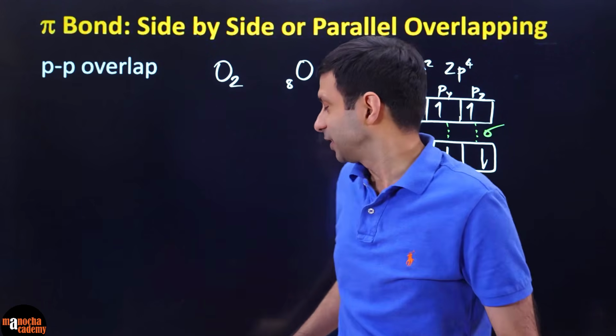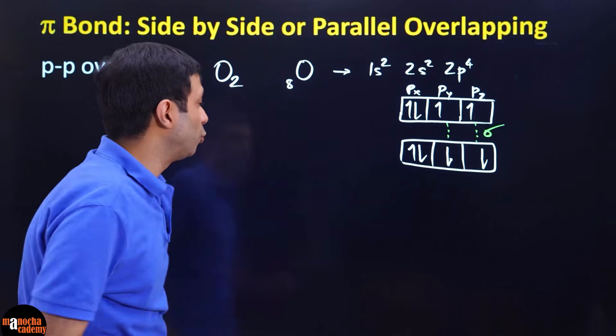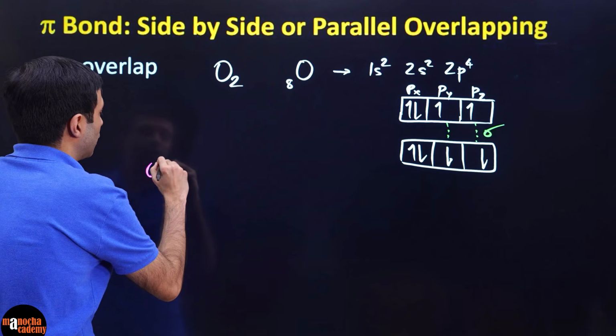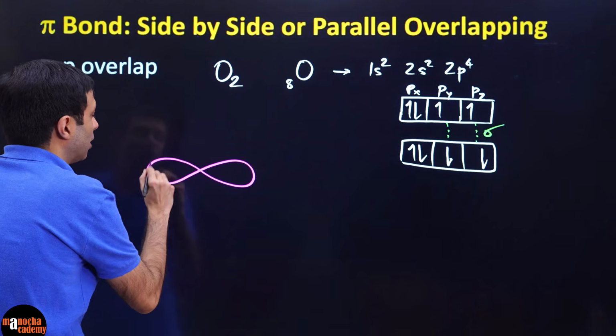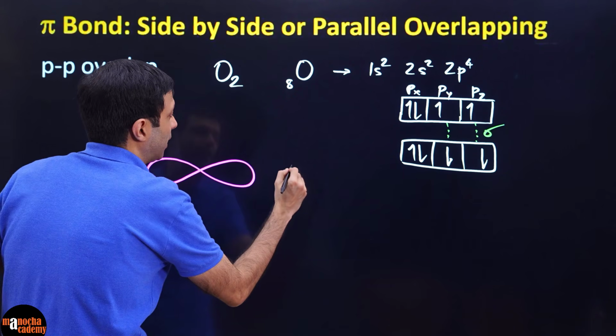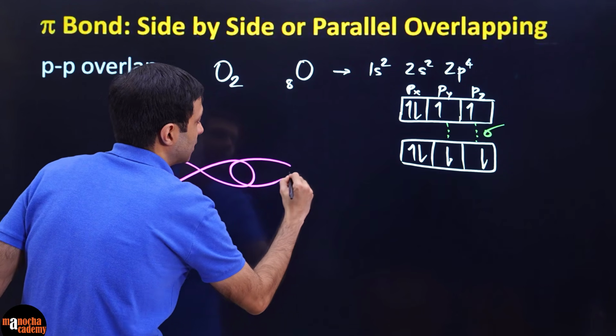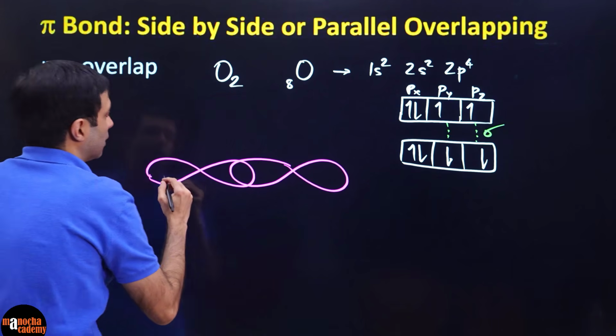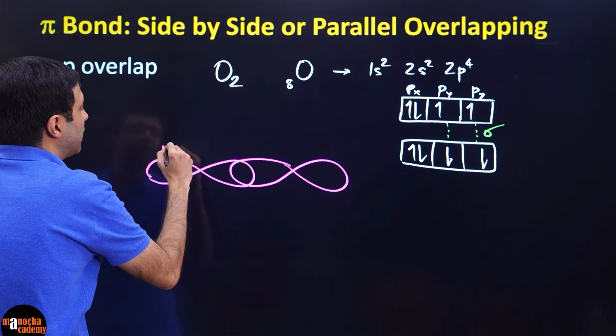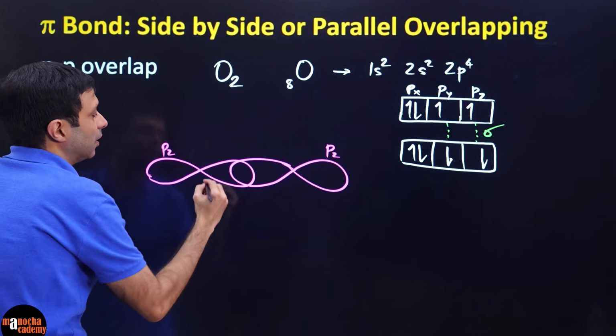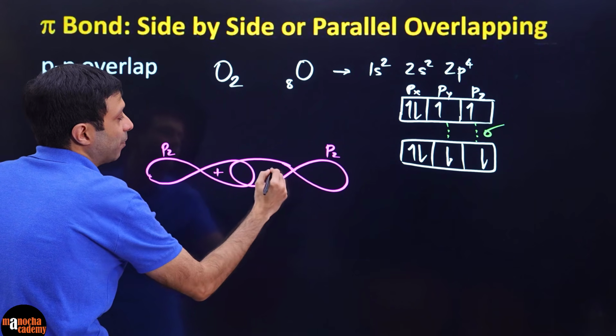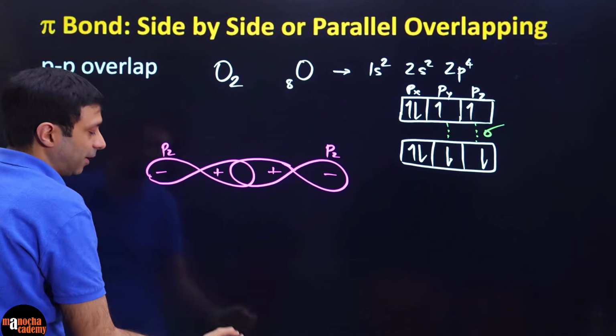So let's draw this out. If I take the two pz orbitals, I'm going to draw them like this. Remember, dumbbell shaped. So this is one orbital and this is the second one. And these are my pz orbitals. Okay. And here we can say, remember, plus plus will overlap. They should be of the same sign.